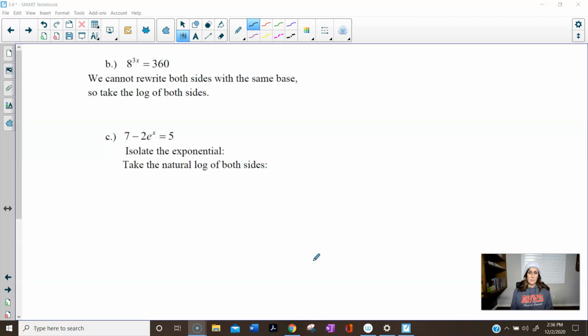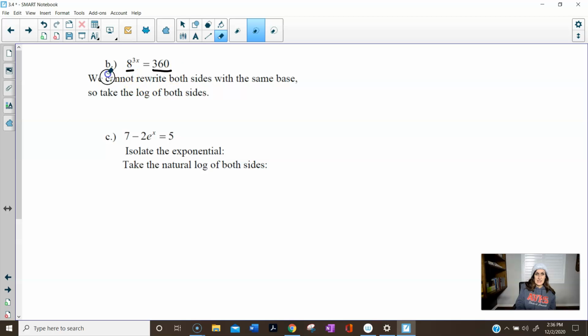So B, we have 8 raised to the 3x equals 360. There is not a base that I can use to rewrite to get those two bases the same. So what I'm going to do instead is take the logarithm of both sides. So if I take the log of the left-hand side, I would also take the log of the right-hand side.